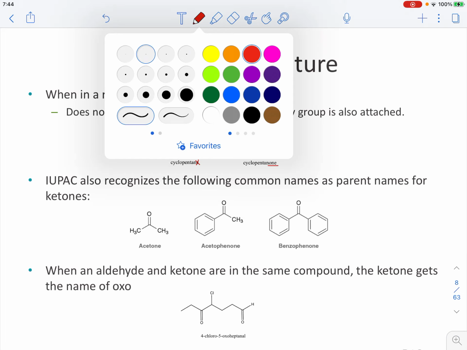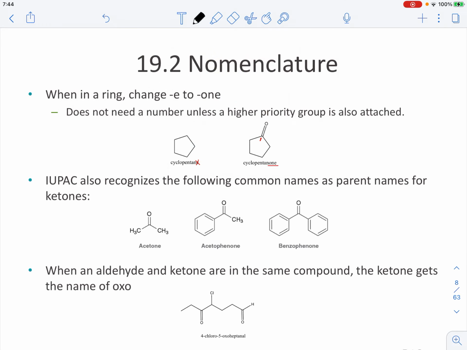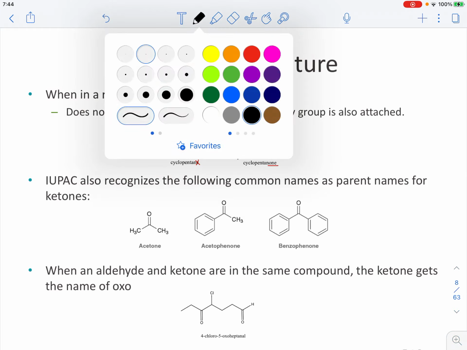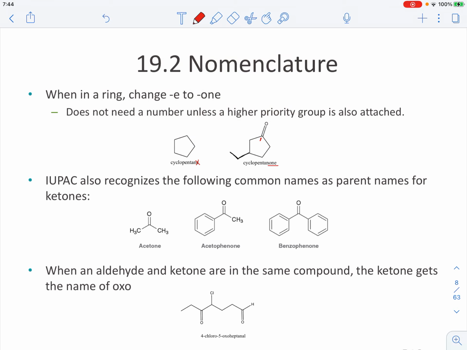So let's say, for example, if I have an ethyl group here, I just drew it in. Then in this instance, we are going to name the cyclic ketone 1, 2, 3, 4, 5.